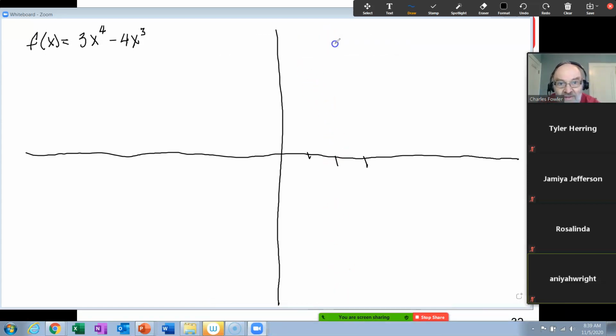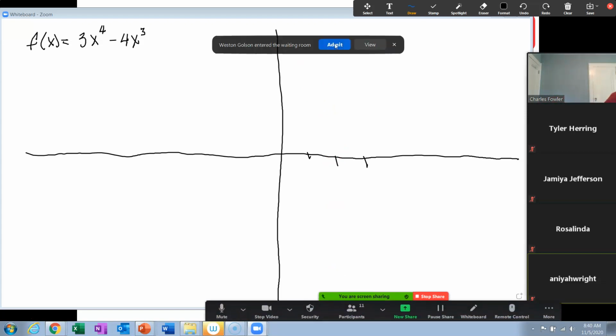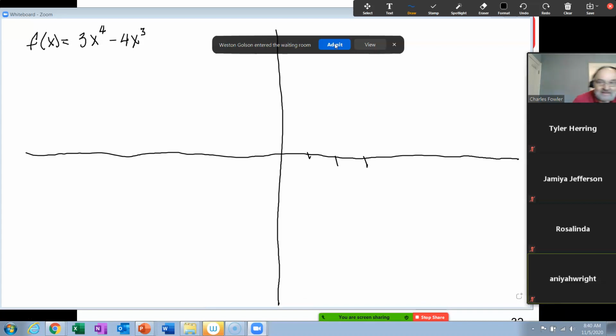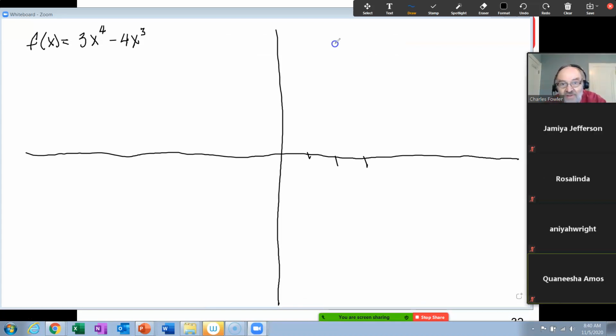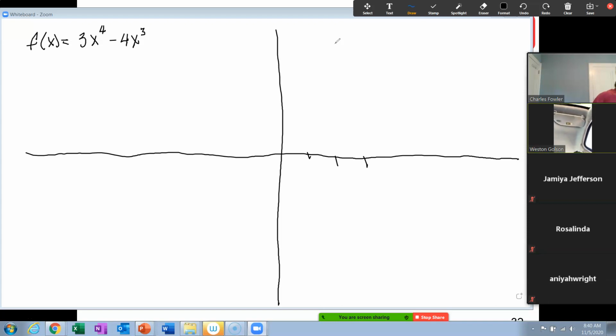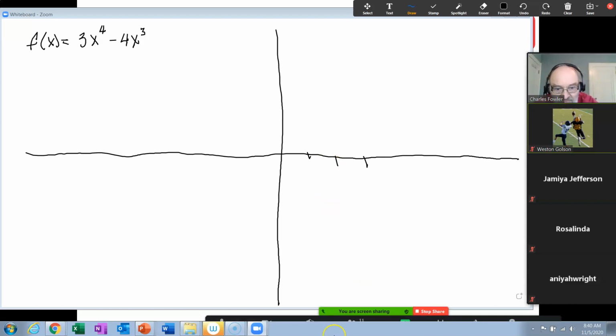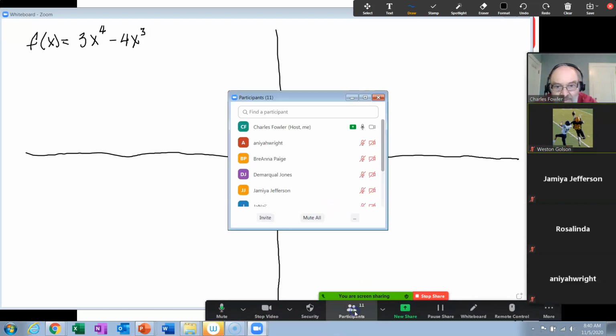Kanisha's here. Okay, let me get her marked. All right, 2, 4, 6, 7, 8, 9. And here's Weston. So let me get Weston marked. All right, broke double digits here, which is good. Hope some more are coming. So let me make sure that there's no one else in the waiting room. Nope, I don't see anybody.